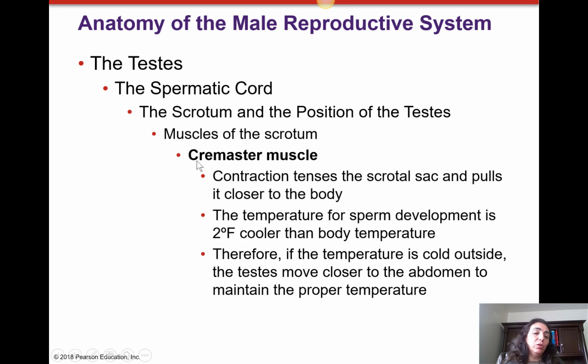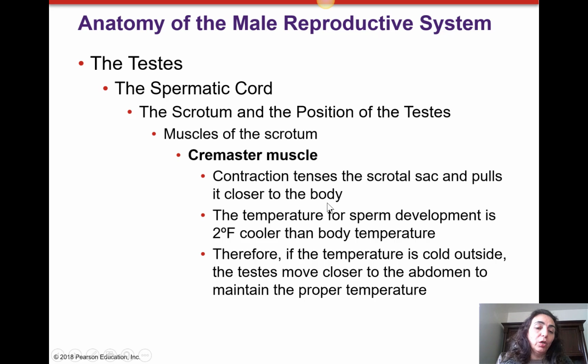Besides that one, we have another muscle that we call cremaster muscle. When the cremaster muscles contract, they tense the scrotal sac and pull it closer to the body.